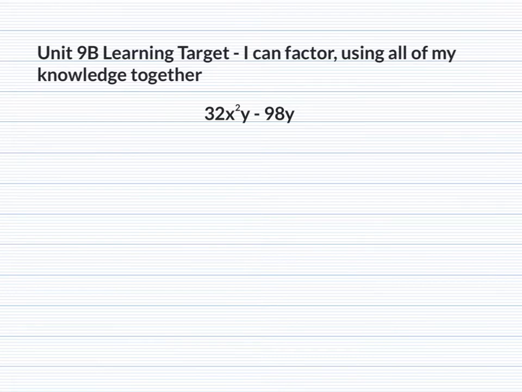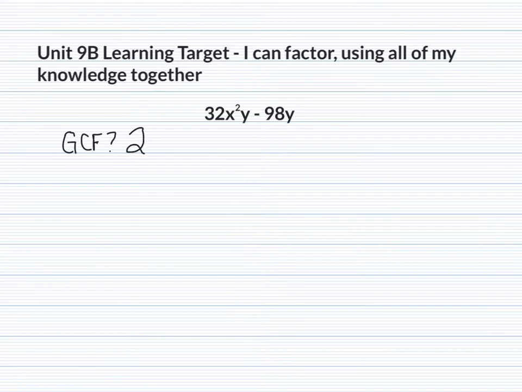All right, so always, our first question for these, like factoring completely, is there a GCF? So is there anything we can pull out? So as we look at 32 and 98, I see that 2 goes into both of those, and I think that might be our biggest number value.